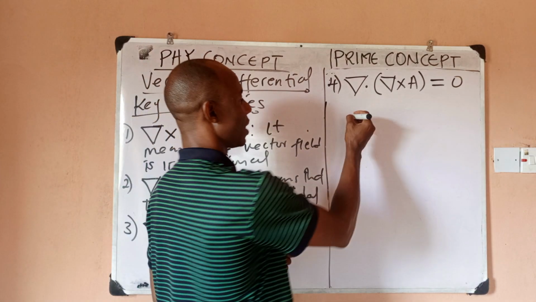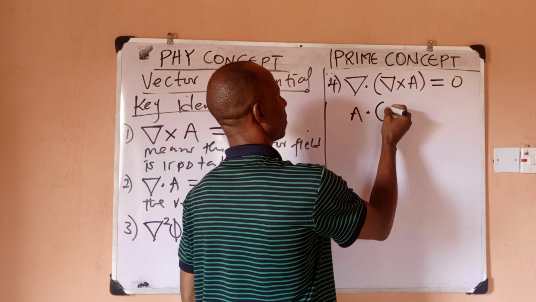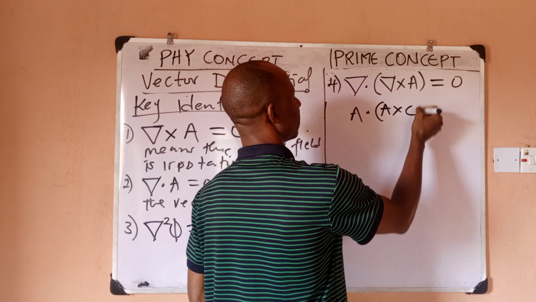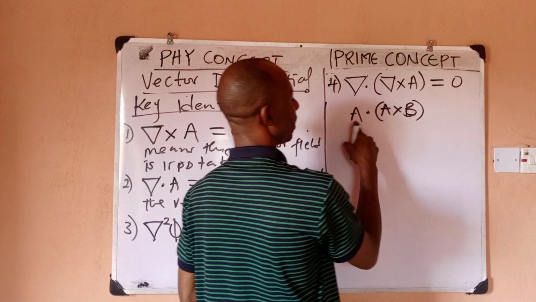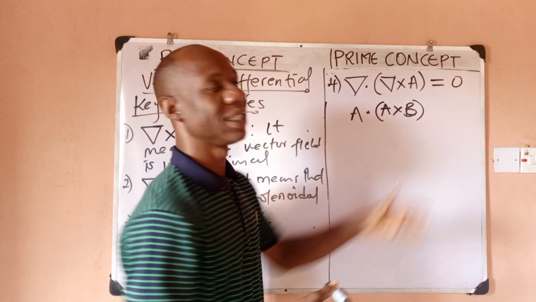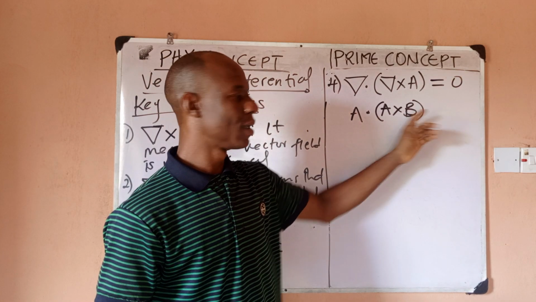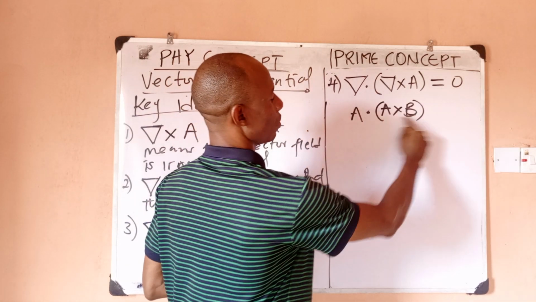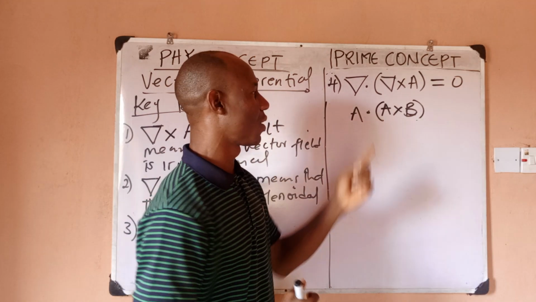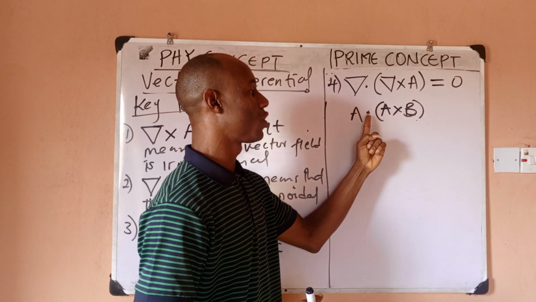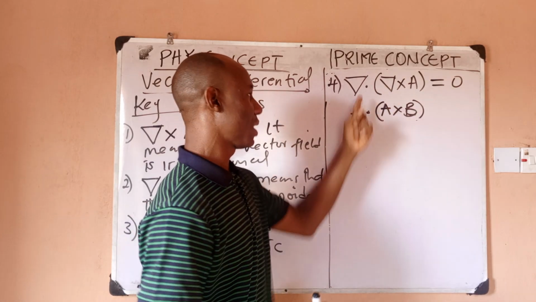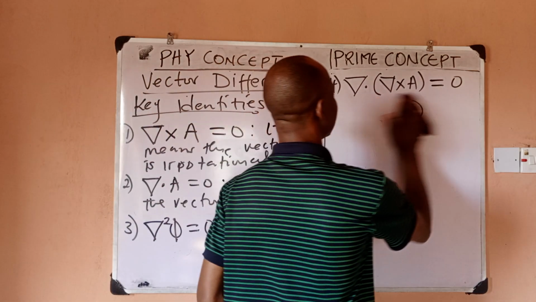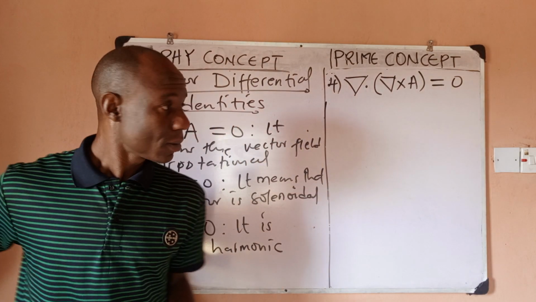So if you have, say, a dot a cross b, this would be zero always, right? And we explain the reason is because this is perpendicular to a cross b. And if two vectors are perpendicular, then you expect that their dot product would be what? Zero. And that is also true for this. So that's why this is always going to be true.